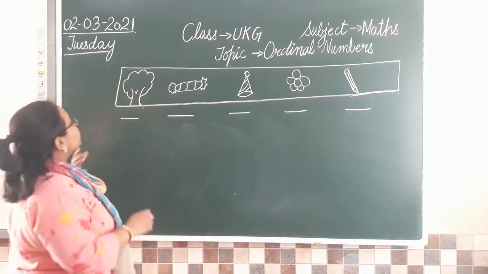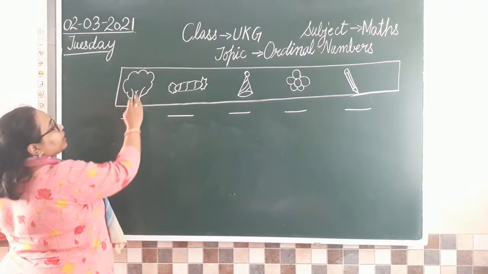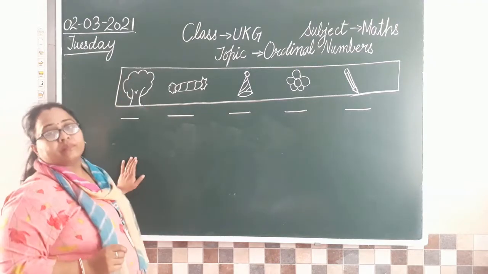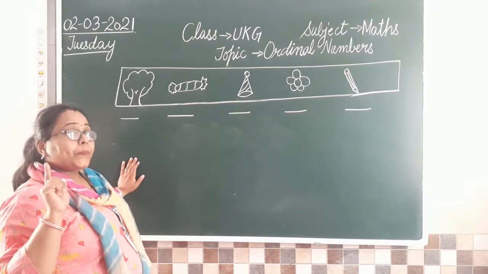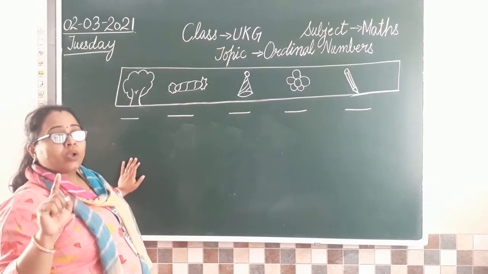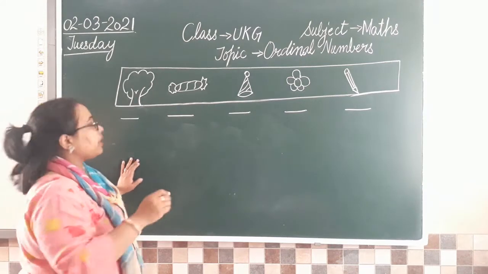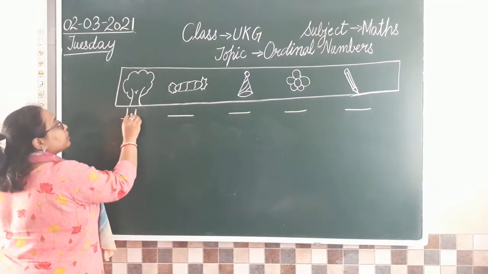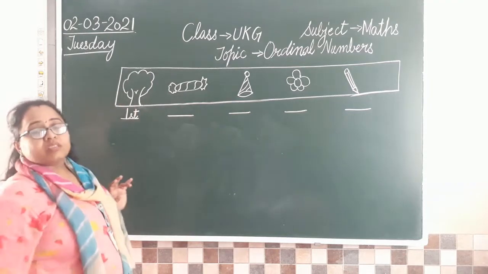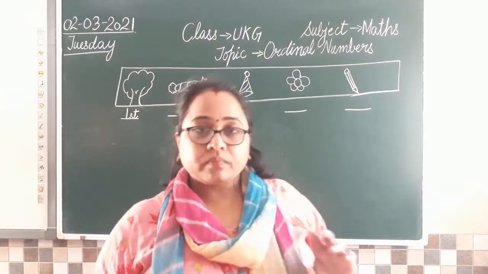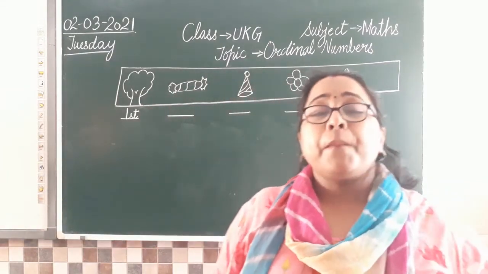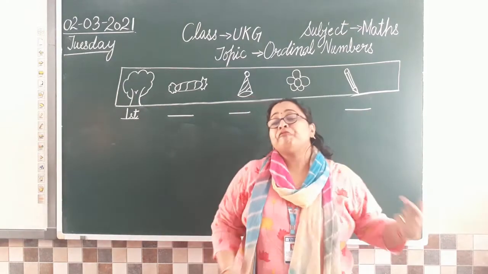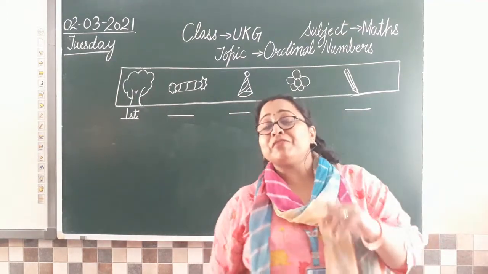Clear? So when we start the line from tree, what is the position of tree? It is the very first. So we are going to write first there. How? 1 like this, because the tree is standing at the very front. When you go for prayer, I will stand at the front, I am first.